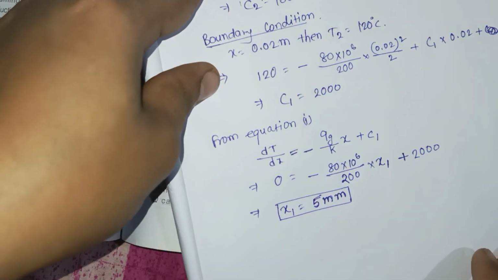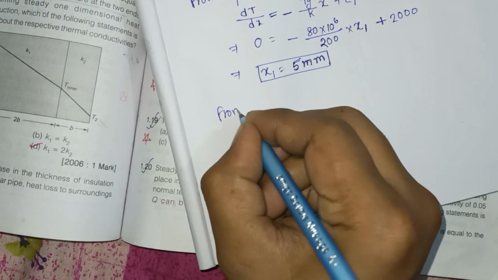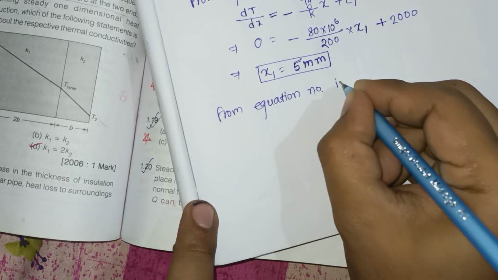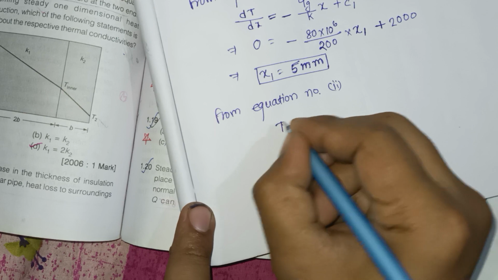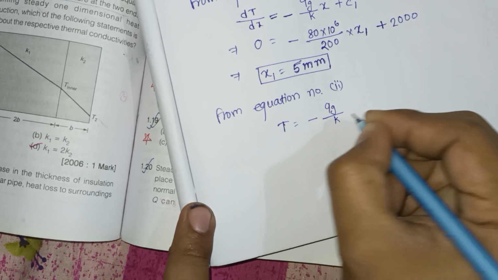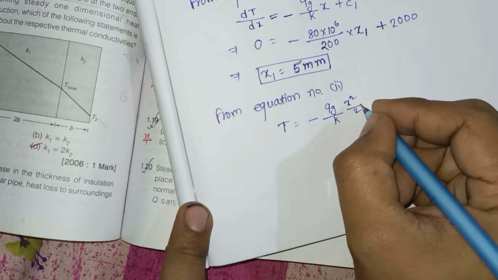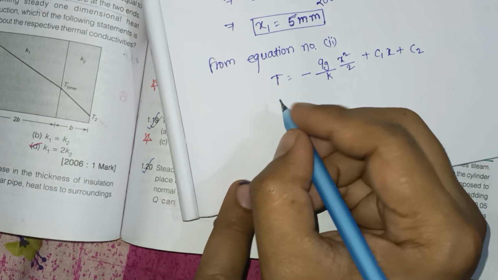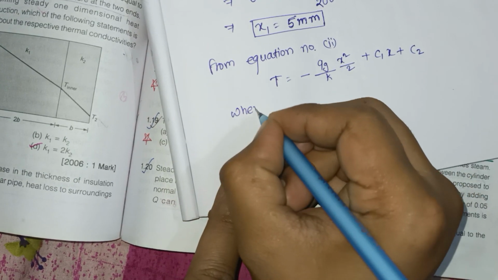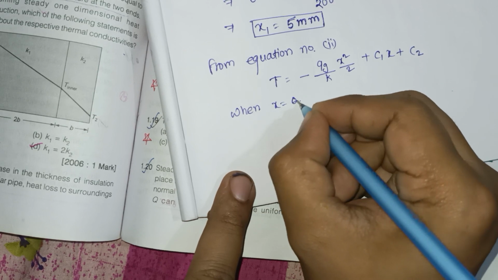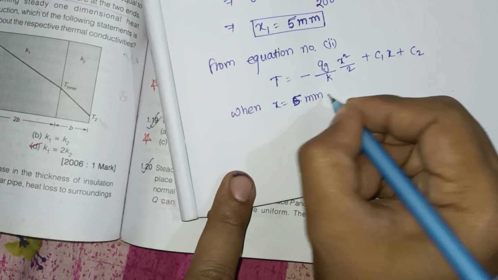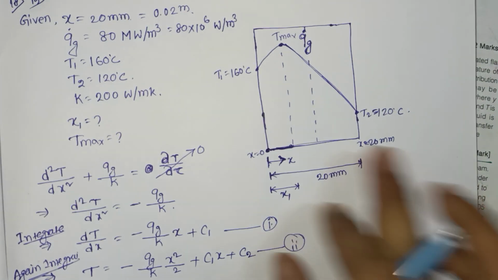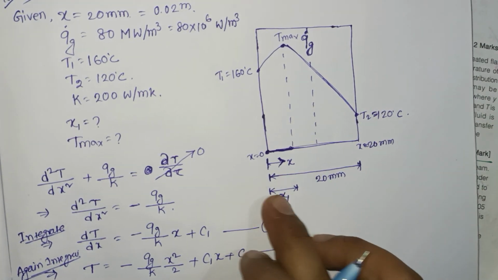So from equation number 2, the equation is T equal to minus qg by k x square by 2 plus c1x plus c2, when x equal to 5 millimeter, that is 0.005 meter.